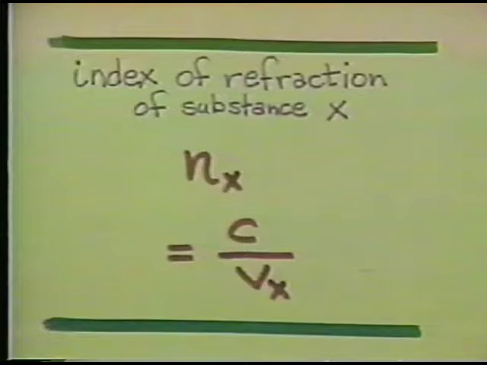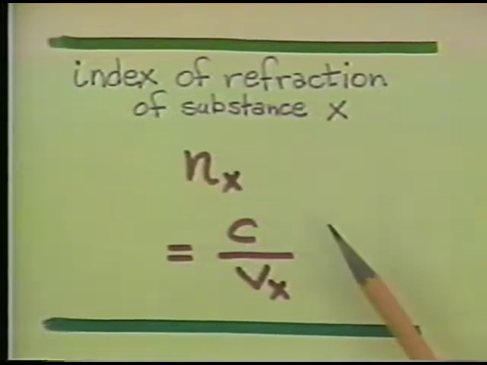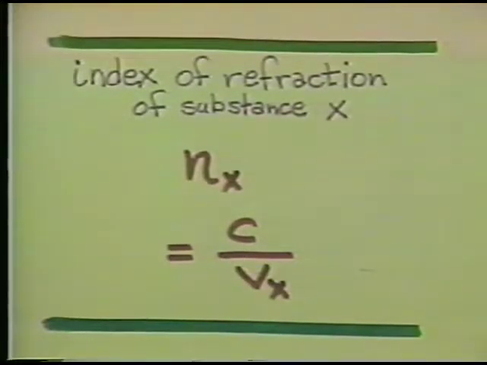Okay, so the index of refraction is a parameter which is something greater than 1. There is no substance in which light travels more rapidly than it does in a vacuum, so the index of refraction is some parameter greater than 1. Now, the index of refraction depends partly on the density of the substance.